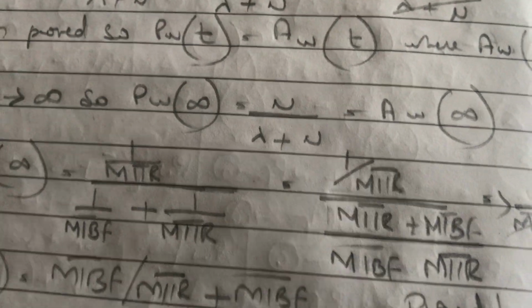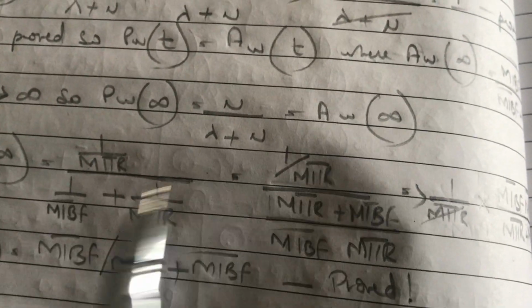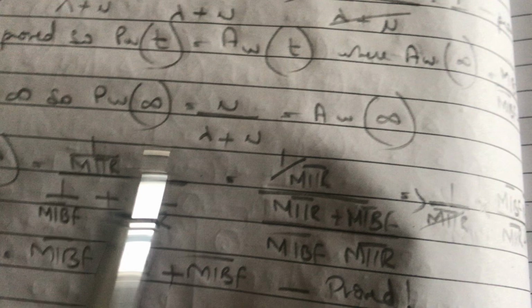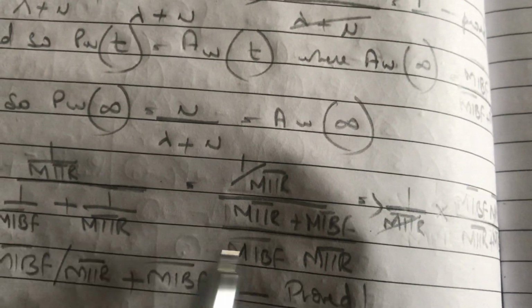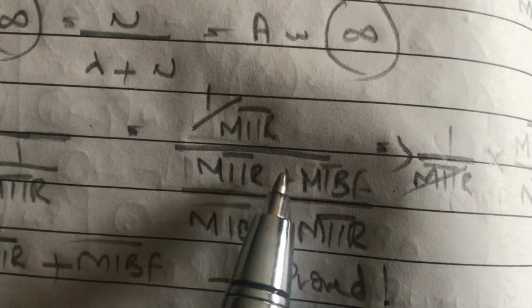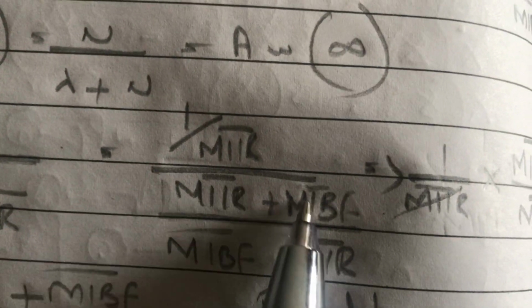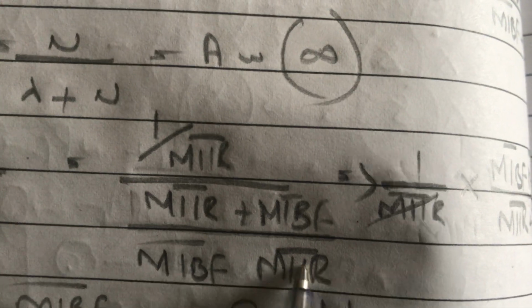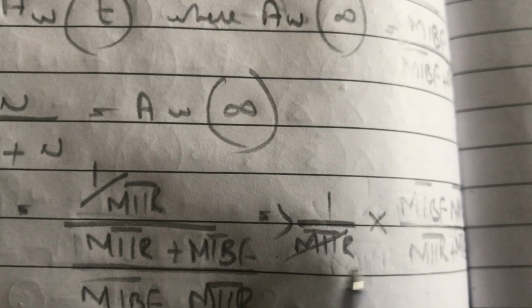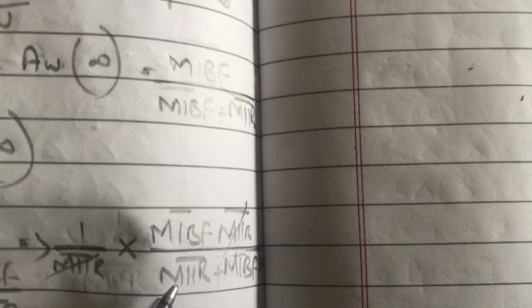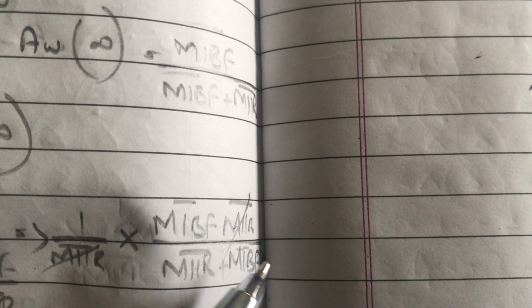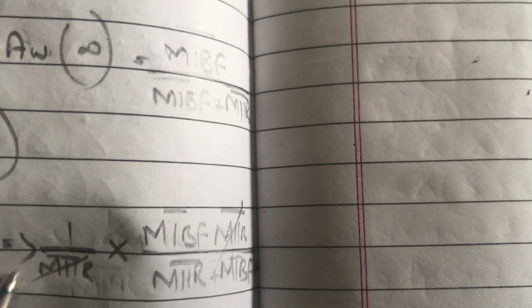So this is simple multiplication, and with the LCM multiplication going on, you can see MTTR plus MTBF into MTTR, and 1 over MTTR, and this thing goes there, they are inverted, up and down, MTBF into MTTR plus MTBF, and this MTTR got cancelled out.